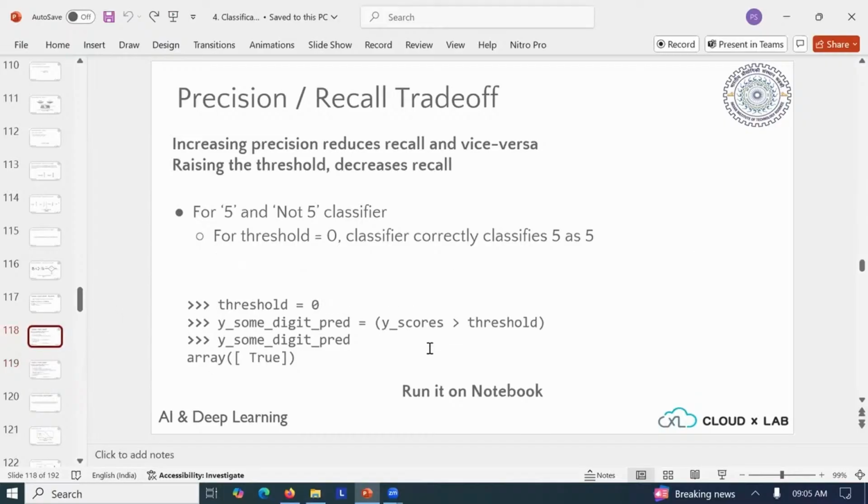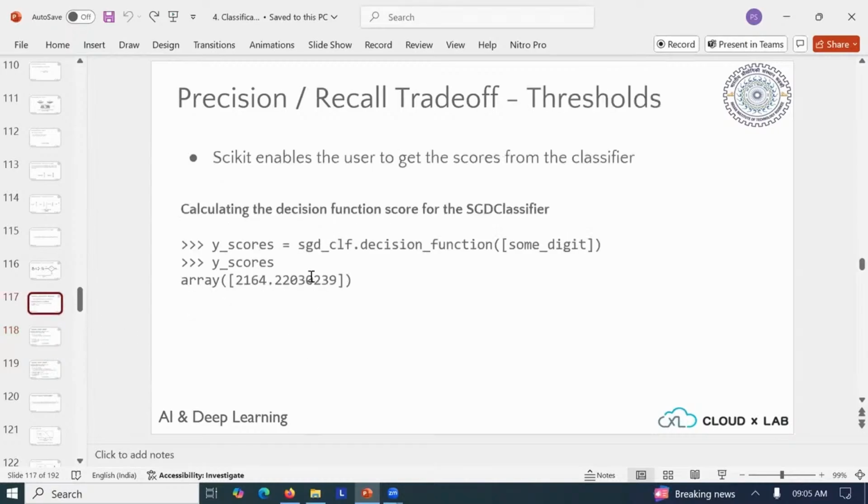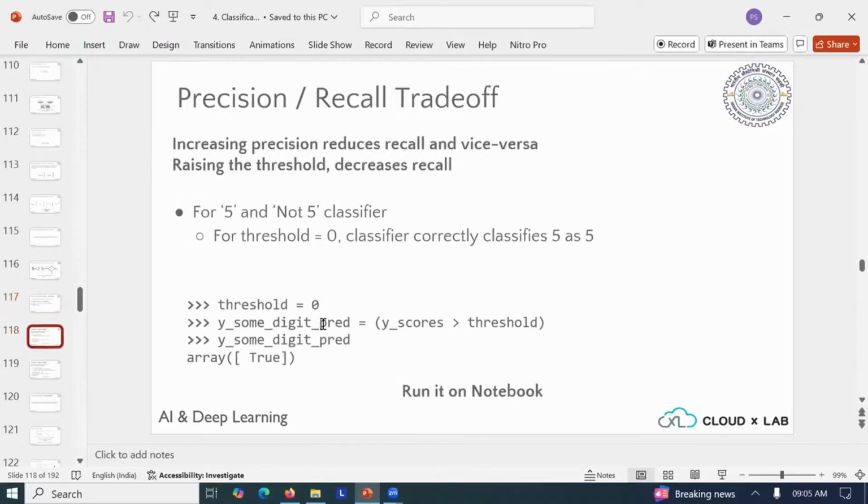So here the model output depends on the value of the threshold that we are choosing, right? For this particular image, the model score is 2164.22, right? And if my threshold is 0, then the model output is true.